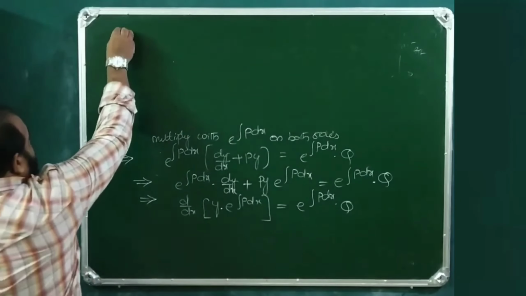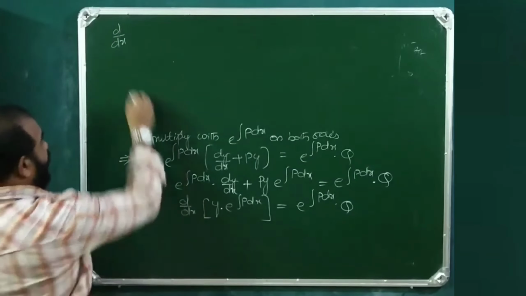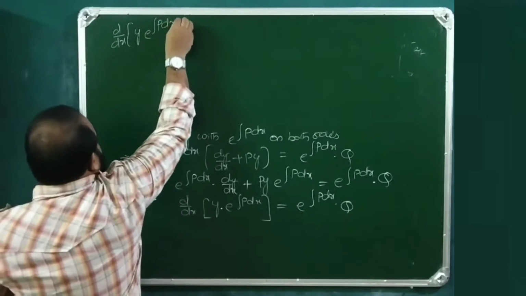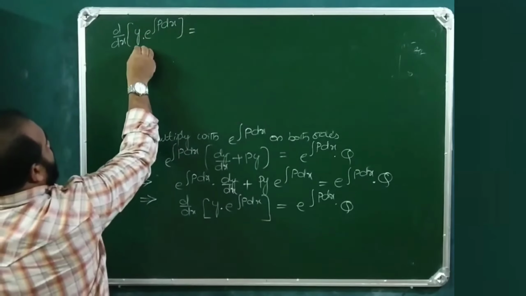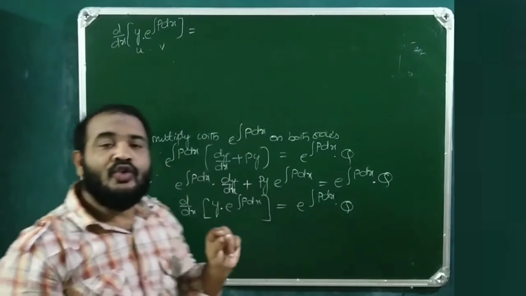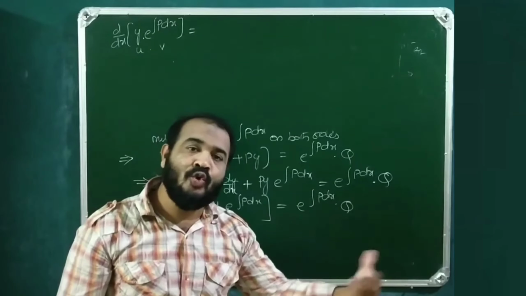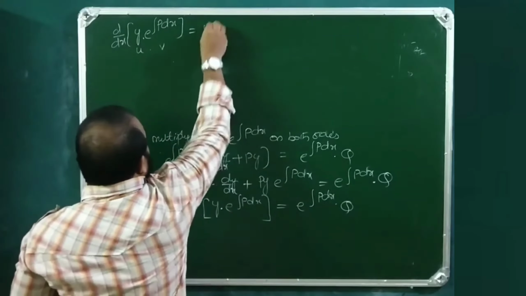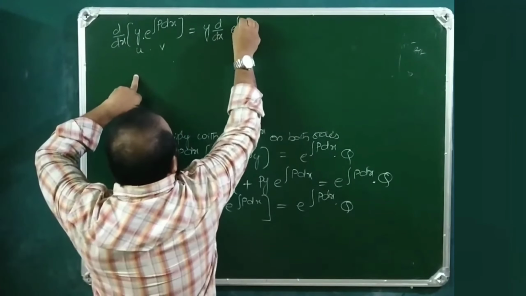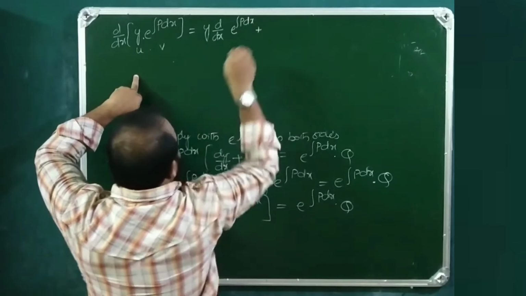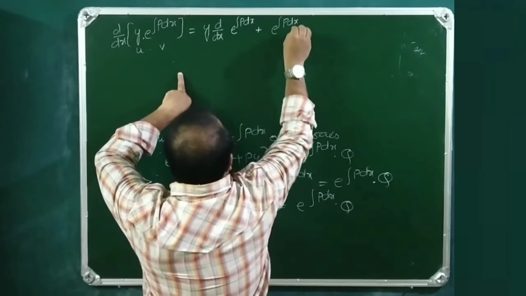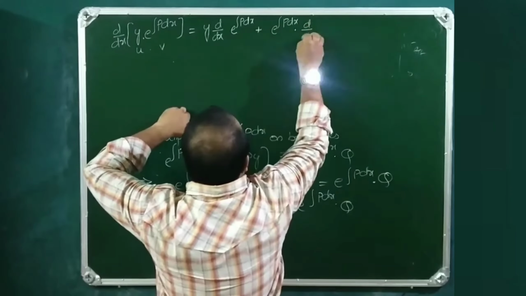See this, d/dx of y e^(∫P dx). Let us suppose this is u and this is v. d/dx of uv is uv' + vu'. So this is y d/dx of e^(∫P dx) + e^(∫P dx) d/dx of y.